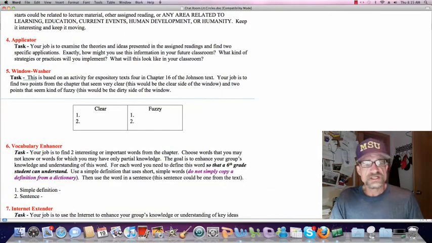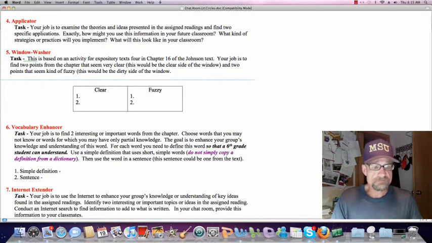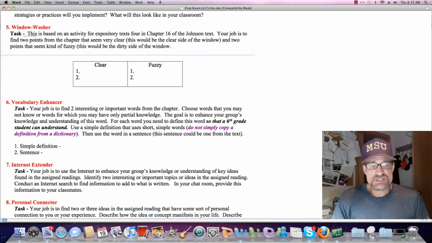Window washer. 2 ideas in the assigned reading that are clear. 2 ideas in the assigned reading that are fuzzy. There is no chapter 16 of the Johnson text. All right, so 2 points from the assigned reading that were very clear, 2 points that were fuzzy. Vocabulary enhancer. 2 interesting or important words from the chapter.